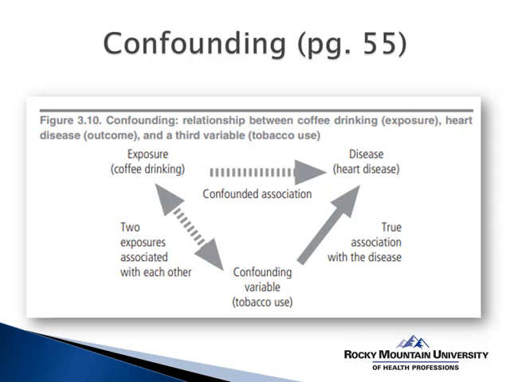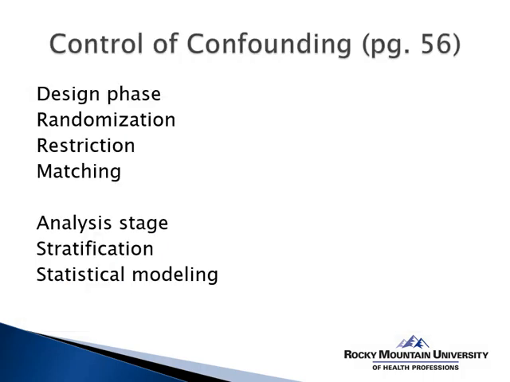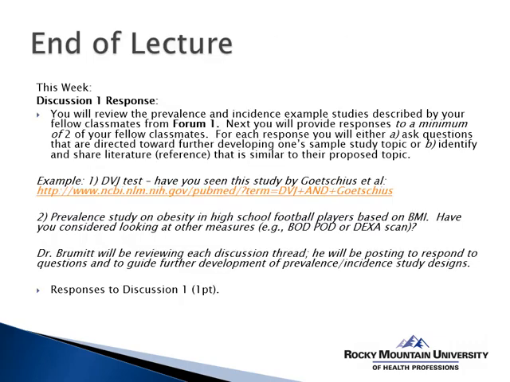Sometimes people, when they have their coffee, like to have a cigarette or use tobacco. So were those individuals who were coffee drinkers also people that used tobacco? The tobacco is the confounding variable. If you didn't consider that, your study would have been flawed. Now, to control confounding, take a look at page 56, review through that, and that's all the more time I think we need to give to that within this lecture.